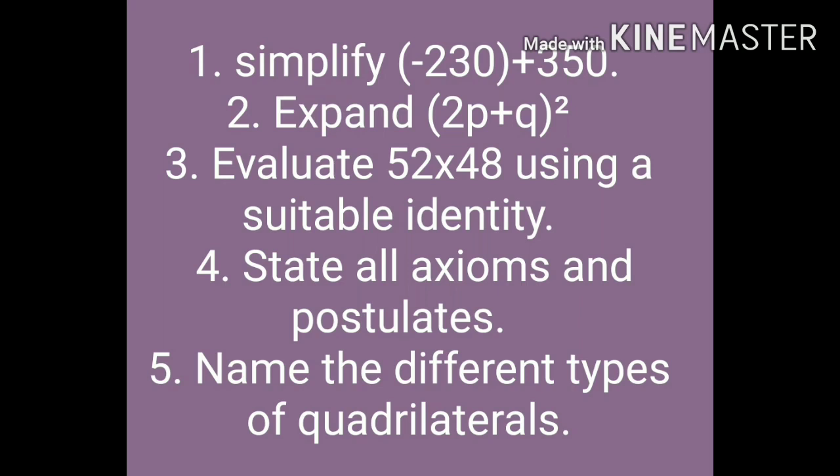Third question is evaluate 52 into 48 using a suitable identity, that is a square minus b square identity you have to apply by converting 52 into 48 as a plus b into a minus b factors.